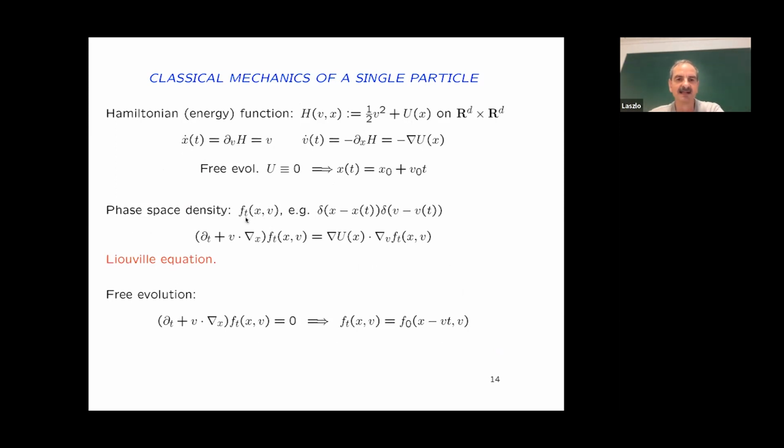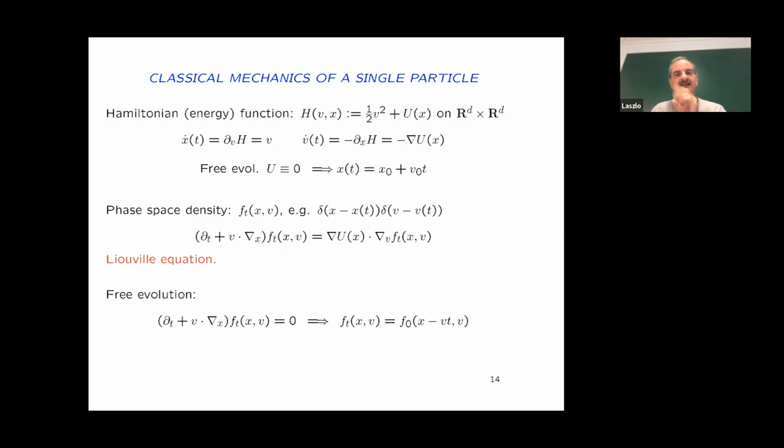If you have only a single point particle, then the phase space density is basically the product of two delta functions along the trajectory. Formally, this satisfies an equation which is called the Liouville equation. It looks like the usual convective derivative term on one side, and on the other side you have the force, the gradient of u times the gradient in v. So this is the other ingredient which you keep in mind.